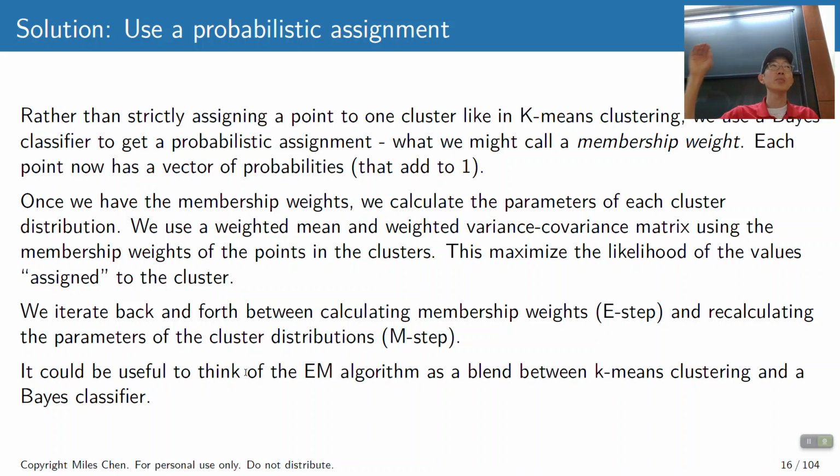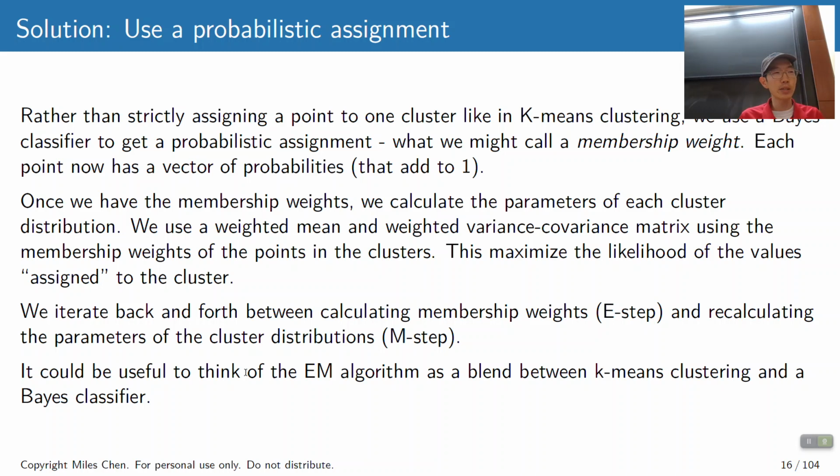You say, based on petal length, petal width, or whatever, it's 89% setosa or something like that, but 10% versicolor or something. We get membership weights for each of these points.